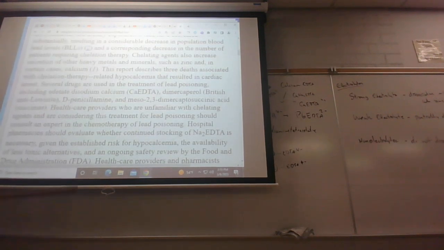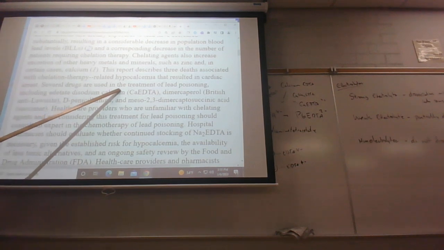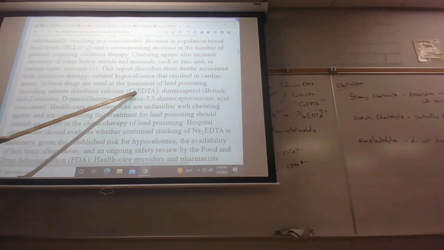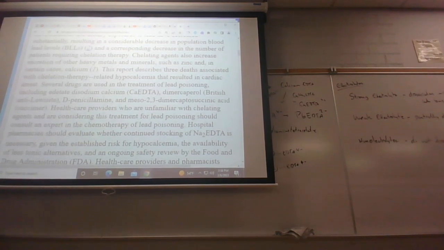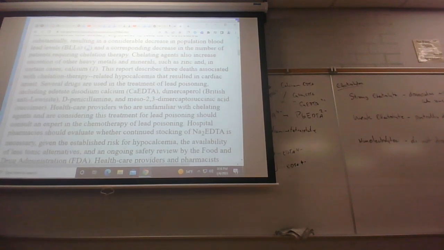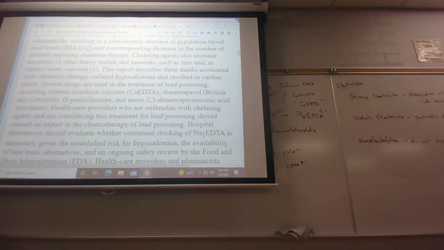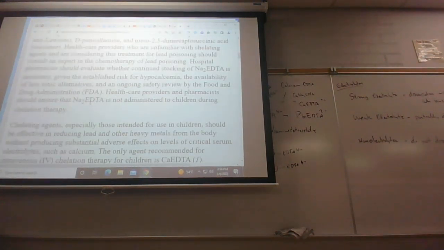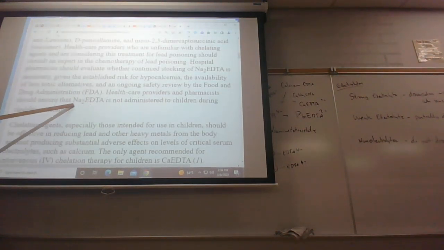So there are two treatments. One is calcium EDTA, just shown here as CaEDTA. The other is sodium EDTA, shown here, Na2-EDTA.